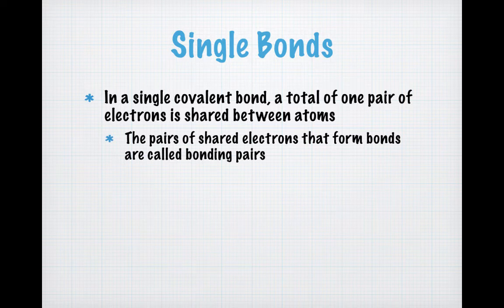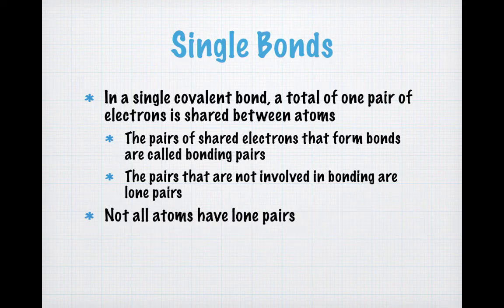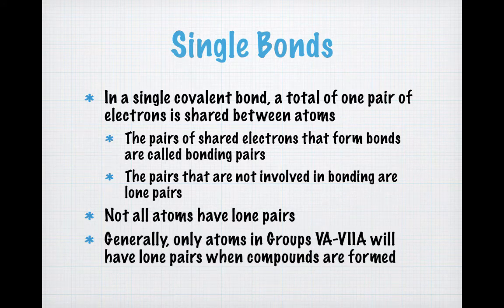The pairs of electrons that form bonds in a dot structure for a molecule we call bonding pairs. And any pairs that are not involved in bonding are called lone pairs. Not all atoms in all molecules have lone pairs. Generally, it's only going to be the atoms from group 5A through 7A, so 5A, 6A, and 7A, that will have lone pairs when they form compounds.